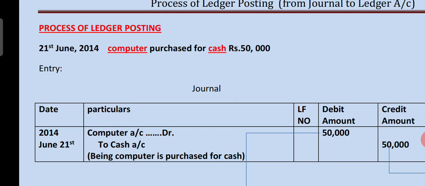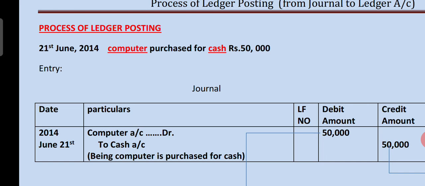And come to cash. When we purchase the computer, is cash coming into the business or going out from the business? The answer is, whenever we pay cash, cash goes from the business. So when the cash goes from the business, immediately we credit it as per the real account principle.